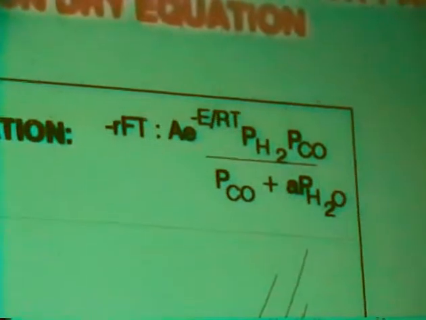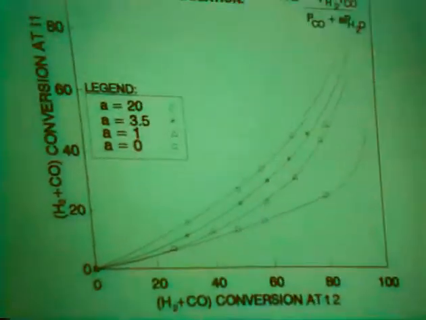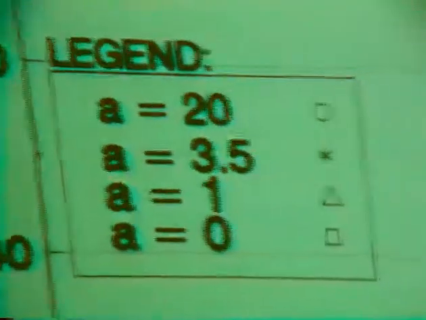If you do change the constant A, some people say, for instance, that the constant is indeed a function of the temperature. We did find that for iron, it's not really. If it is a function of the temperature, it's a very weak function. But let's suppose that it is a function of temperature.